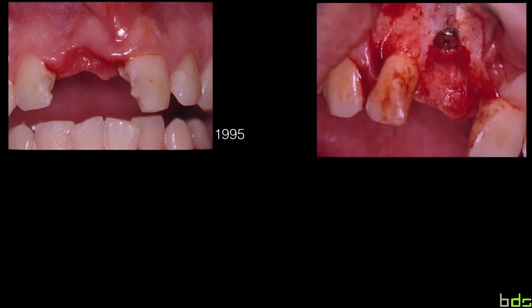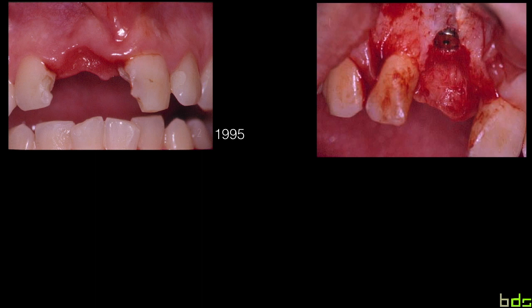We placed implants where the bone was, and implants were mainly to give function more than to mimic or be like natural teeth. So back then, what was done was obviously the restoration of the neighboring fractured teeth and placement of an implant where the bone was.